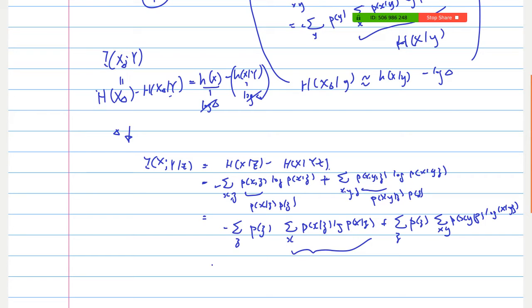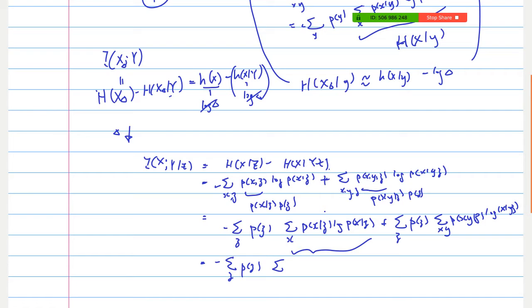Then I can group the sum over z, p(z). Now, like previously, I can add y here and also sum over y. If I insert y and sum over y, I will get back p(x given z).